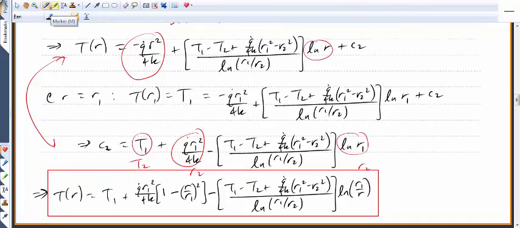One final note, if you notice here we have a natural log of r1 over r in this final term. Generally you probably want r to be in the numerator, but the good news is you can flip it by simply making this negative sign up front a positive sign. So therefore this becomes r, and this becomes r sub 1.